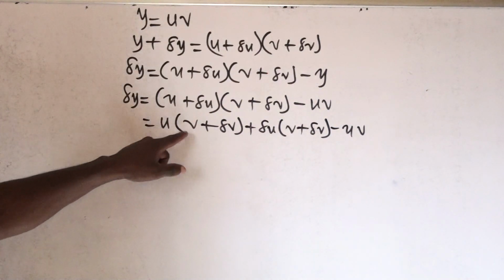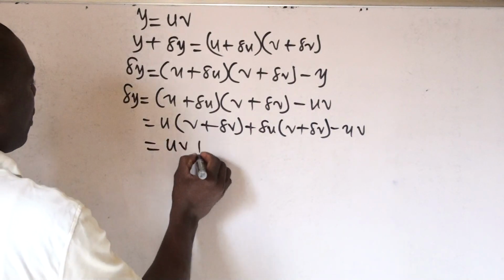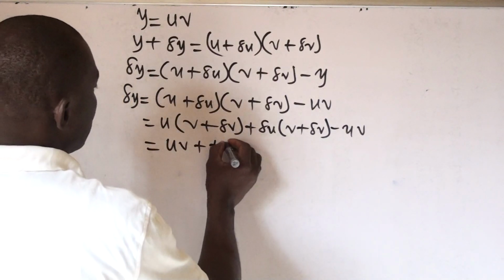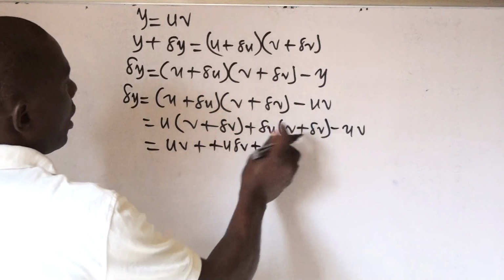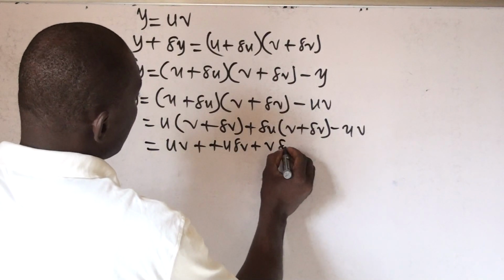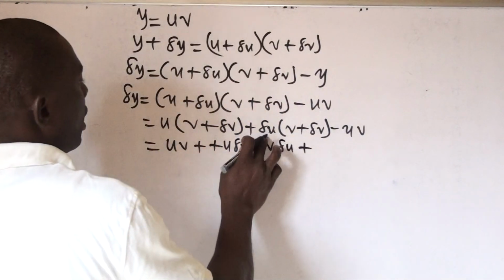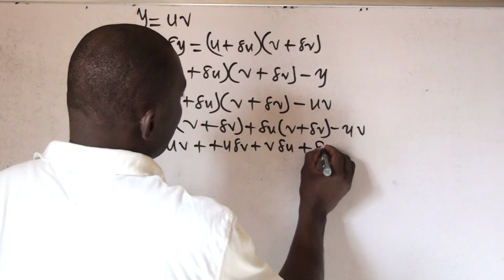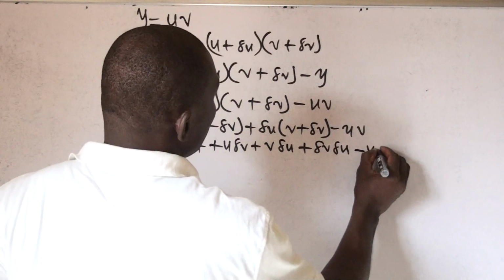So u times v will give us uv, u times delta v will give us u delta v, plus delta u times v will give us v delta u, plus delta u times delta v will give us delta v delta u, minus uv.